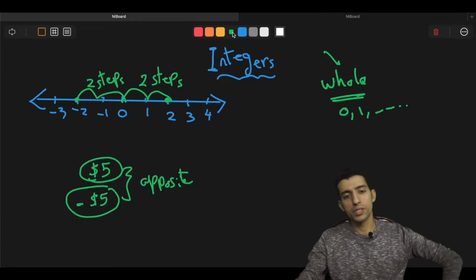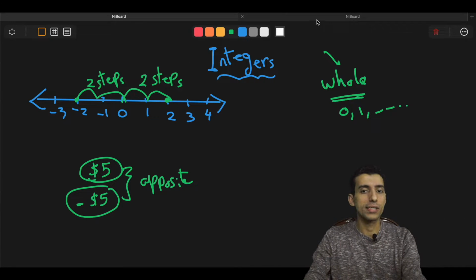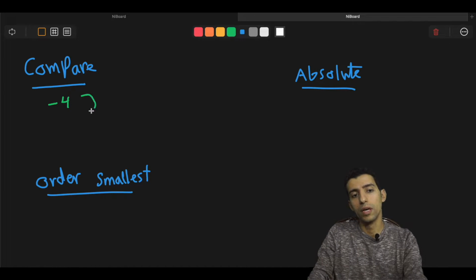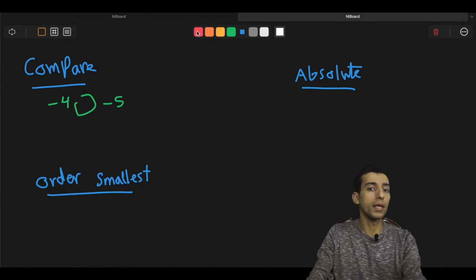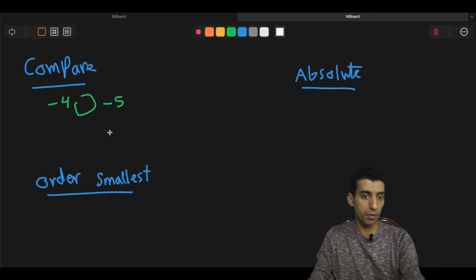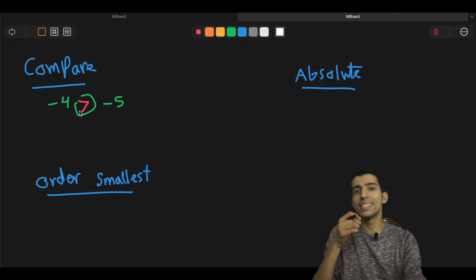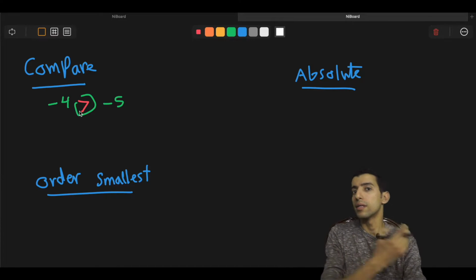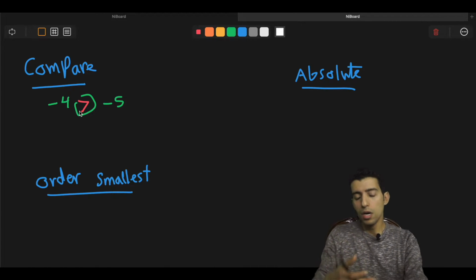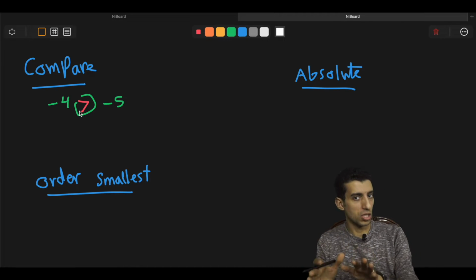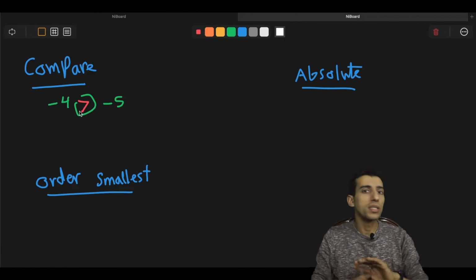So according to this, let's look at comparing. If I say negative 4 and negative 5, which one is bigger than the other? Of course, negative 4, because negative 4 is nearer to 0 than negative 5, so it becomes bigger. We're talking about 0 because, as you know, 0 is bigger than any negative number.